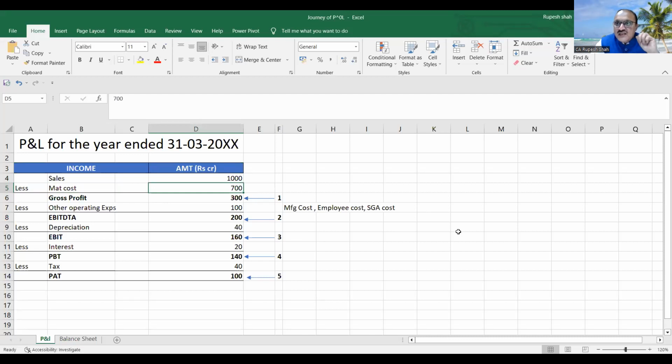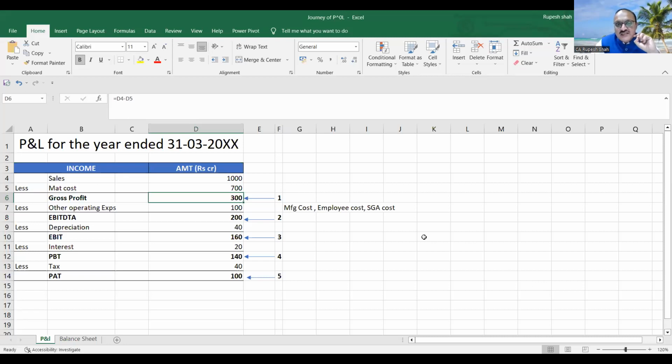Then the very first milestone in this journey that we come to know is the gross profit of the company. When we minus the material cost from the sales or the revenue, we get the very first milestone that is called the gross profit of the company.